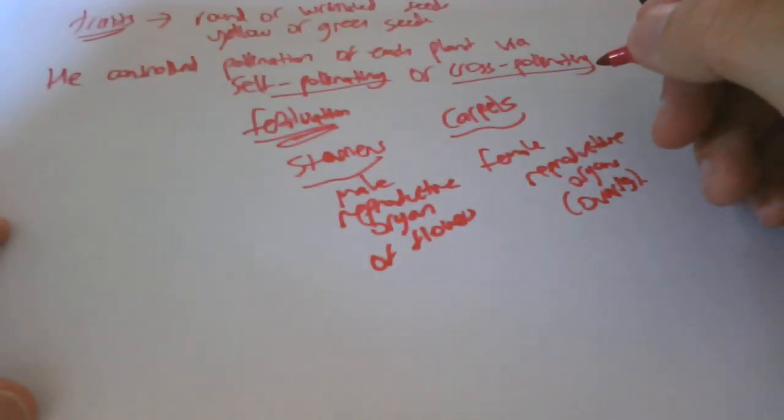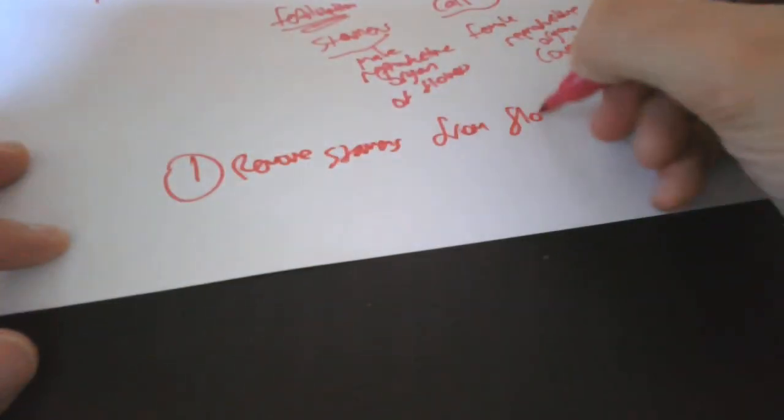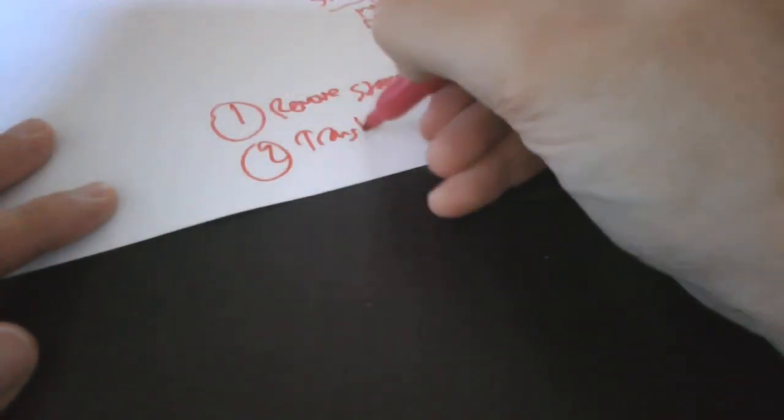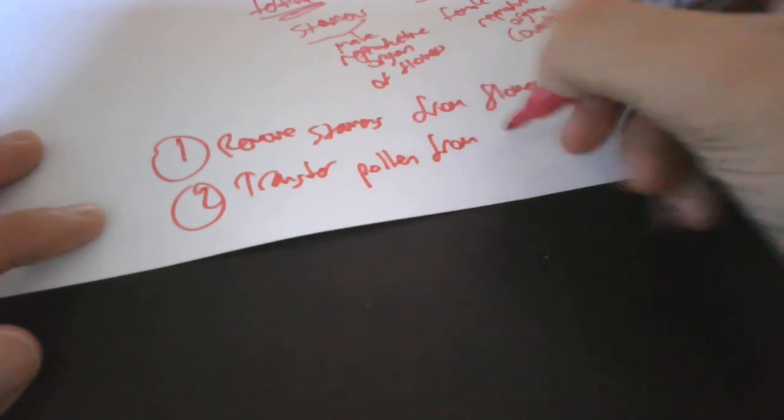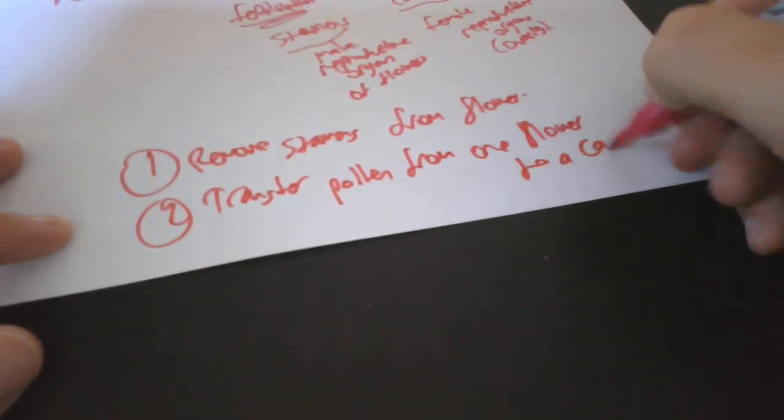Now, how do we cross pollinate plants? Here's how. We either remove the stamens from the flower, or we transfer pollen from one flower to a carpel. That's pretty self-explanatory.